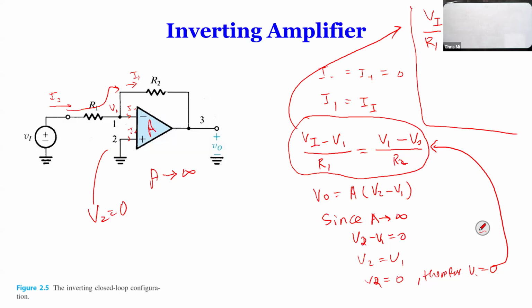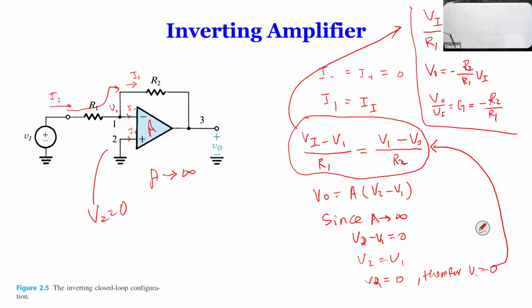So multiply by R2 on both sides and move the negative sign to the other side. We get VO equals minus R2 over R1 times Vi. Or further, we have VO over Vi, which is the gain, equal to minus R2 over R1.